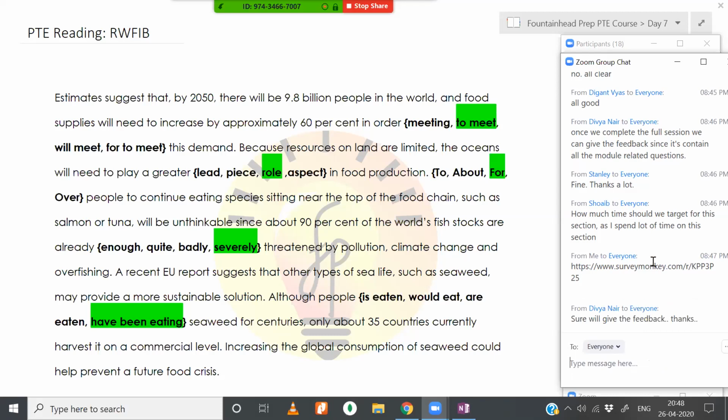Out of, let's say, about 35 minutes for the reading section, you should be spending at least 25 minutes to answer these fill in the blanks questions, both reading and writing fill in the blanks combined. Is this clear?